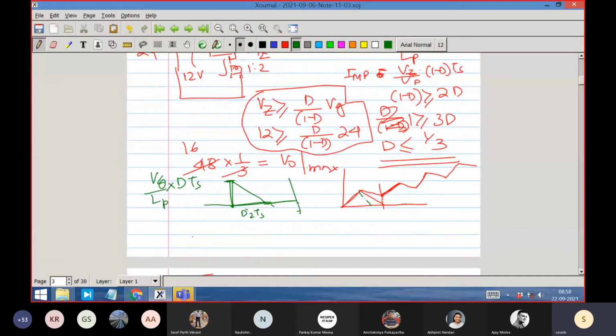This is the peak, I peak. The equation is Vz by Lp into D2 Ts. So D2 Ts is equal to I peak into Lp by Vz. That is the time.